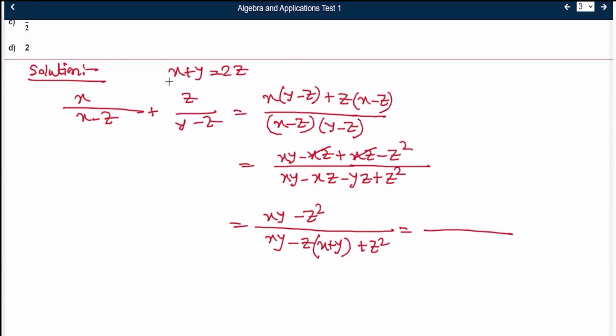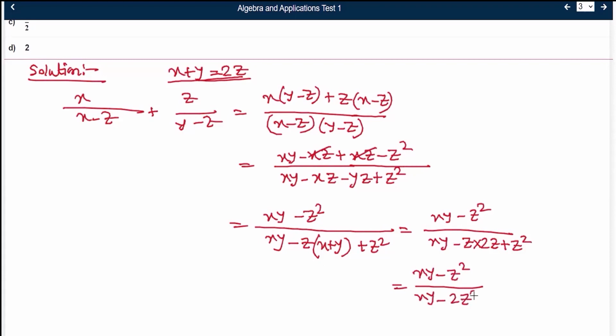So we can use that given result in this fraction. So xy minus z square, xy minus z multiplied by 2z plus z square. So here xy minus z square, xy minus 2z square plus z square.